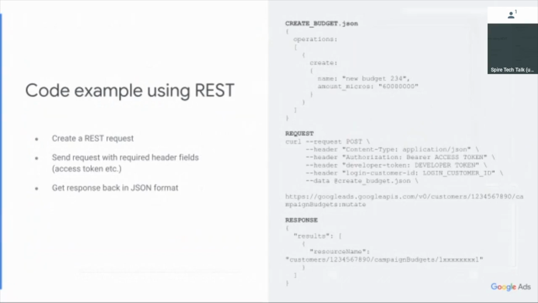And once I do that, I do a POST request because I am creating, so it's a mutate. So I do a POST to the service endpoint, which is googleads.googleapis.com campaign budgets, and then campaign budgets mutate. I pass the file in, and then I get the response back, which is an array of results, and it contains the resource name of the newly created budget.